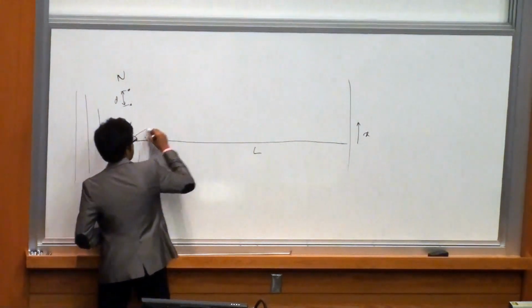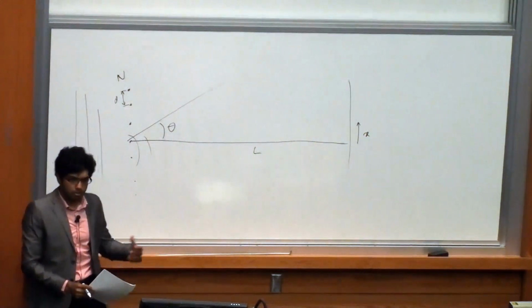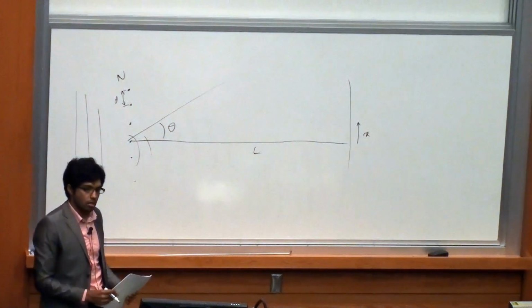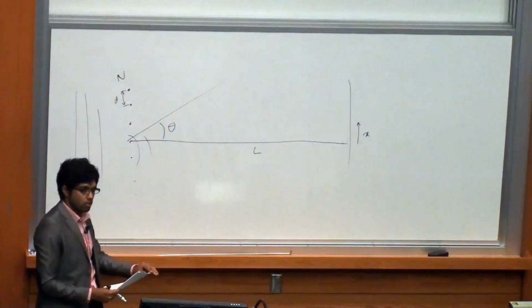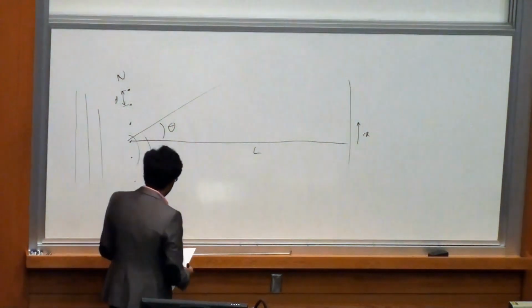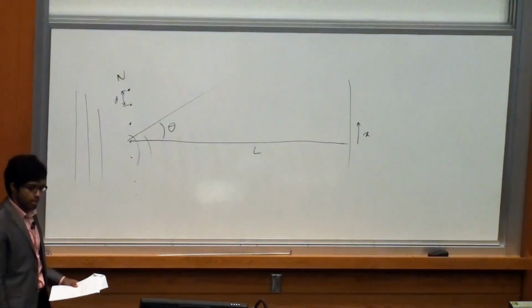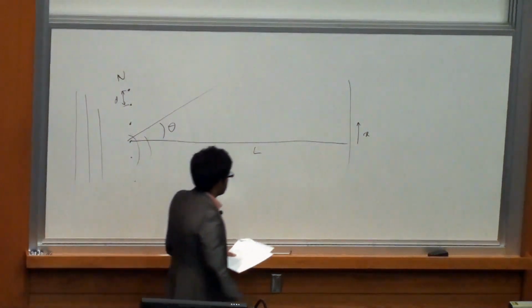So again, like before, we'll take some angle to be theta. Remember, we're working with hyperbolas here, so the theta is really an approximation. It's a better approximation if you're farther out. So that's something to keep in mind. What you'll have is constructive interference exactly the same as you did before with the two light sources.